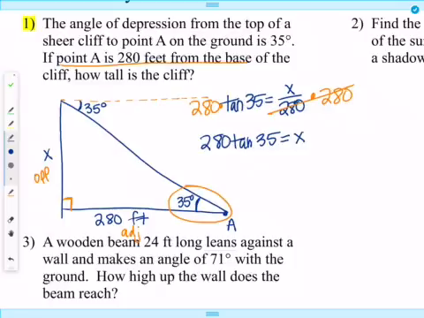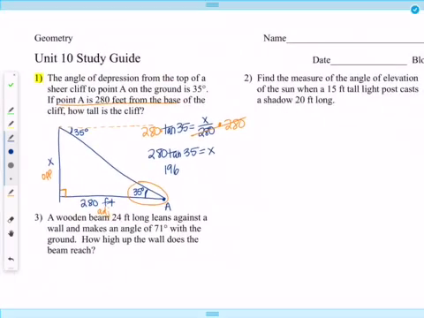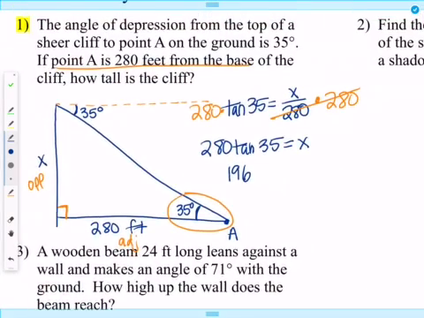Okay, so we're going to type in 280 tangent of 35, and we get 196. The directions aren't written up there about how to round, but what I want you to do is, like we've been practicing, anytime you have a side length, round it to 3 decimal places.